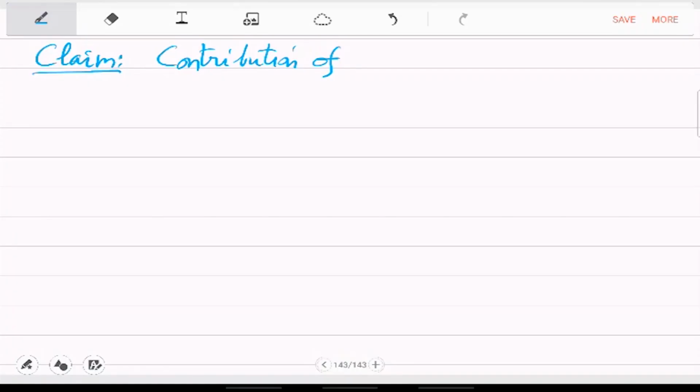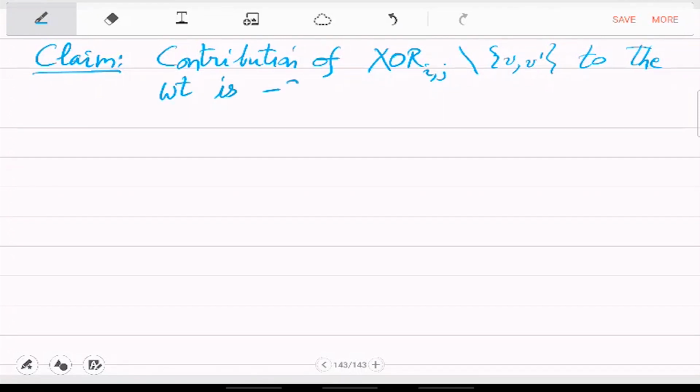Now let us see how much the XOR gadget contributes. So the contribution of XOR, removing either UU prime or VV prime, let's remove VV prime, to the weight is -2.